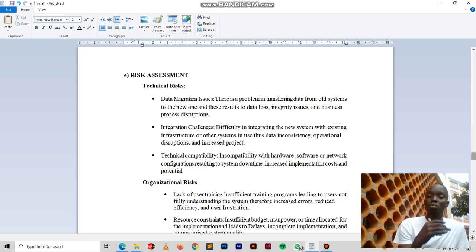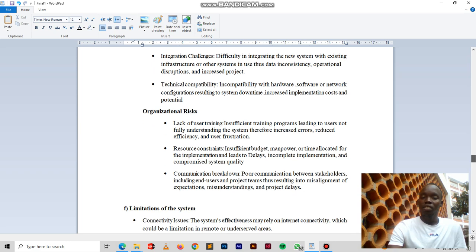Maybe if there is some improvement in the system, data might be lost. There is also data integration with other systems, and maybe technical compatibility due to hardware and software issues. The problem might also arise there.